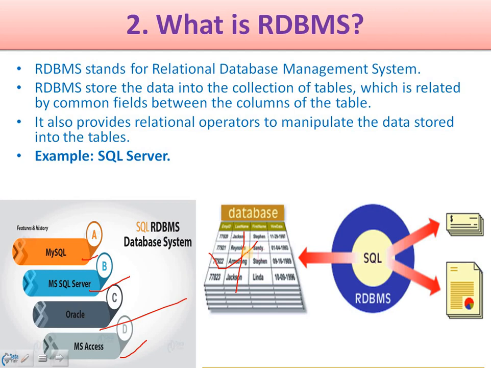So relational database is a type of database that stores and provides access to data points that are related to one another based on the relational model. Data is in tables, each row in a table has a unique ID key, and each column of the table holds an attribute of data.